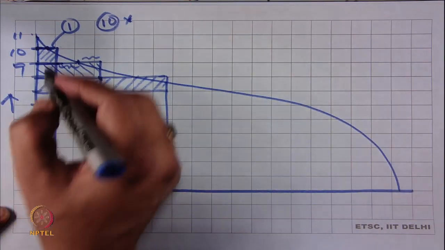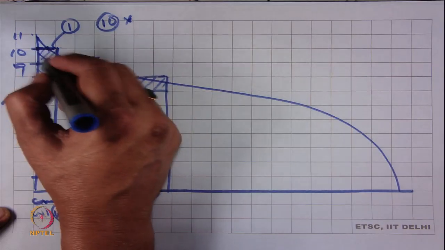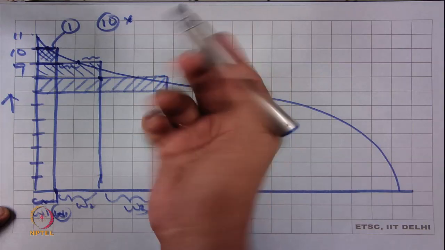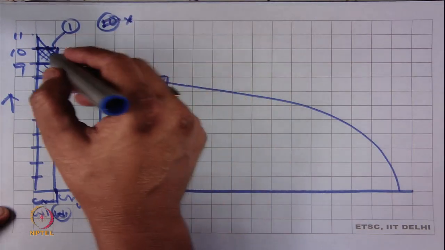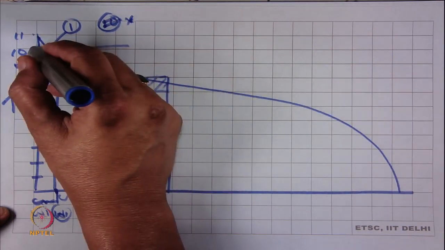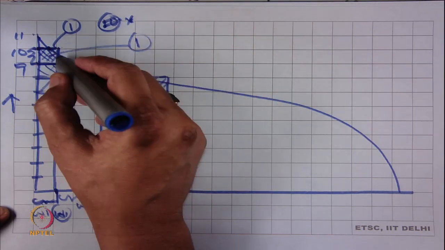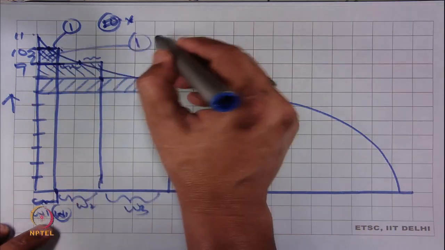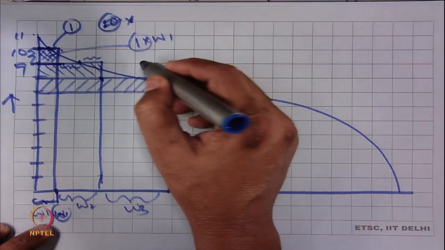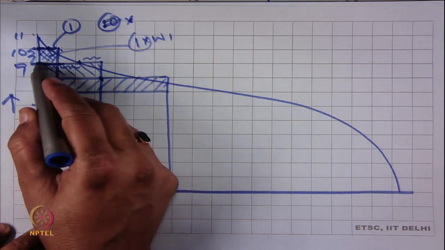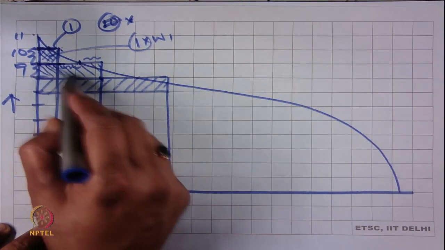So, what will be the area of this rectangle, it looks about, say, a square. What is the height, it is 1, okay, and this width is W 1, W 1 into 1. Similarly, what about the second one?